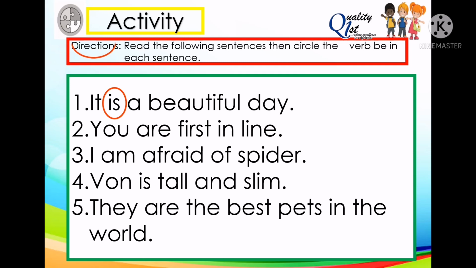The be verb is, very good, are. Number 3, I'm afraid of spiders. The be verb is, well done kids, am. For number 4, Vaughn is tall and slim. The be verb is is. Okay? For number 5, they are the best pets in the world. The be verb is are. Well done, kids.